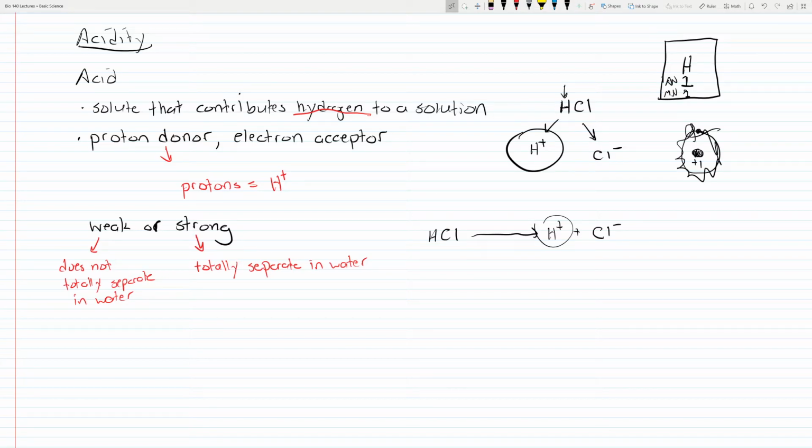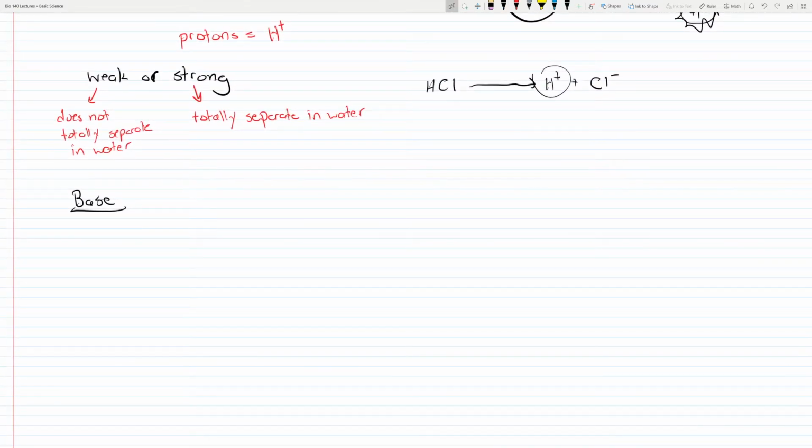So now a base. There are a couple of ways we can define a base, but I'm going to do it like this: it is a solute that removes hydrogen from a solution.